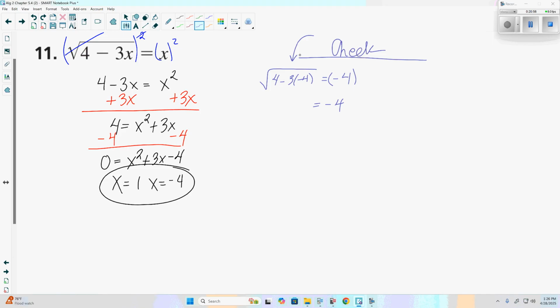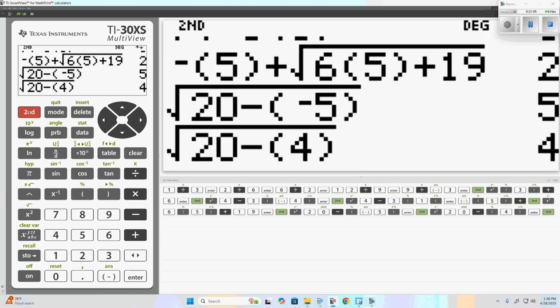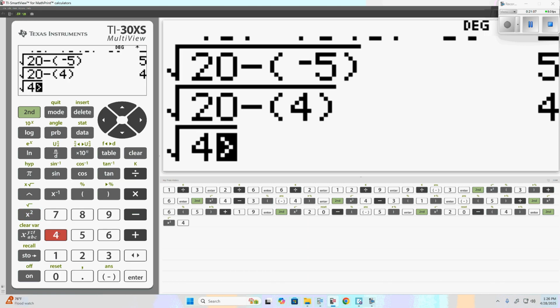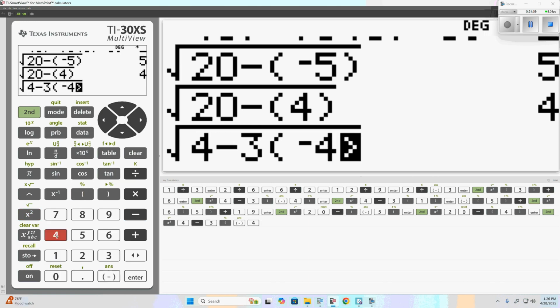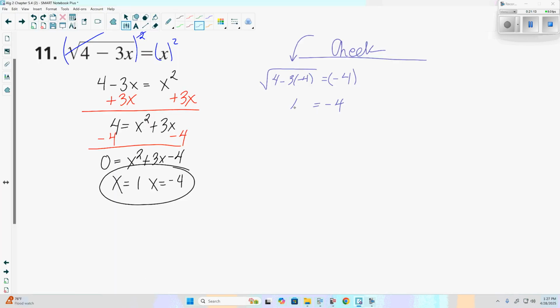We cannot take the square root of a negative number and get a real value. The square root of 4 minus 3 times -4 is +4. Well, 4 does not equal -4. That doesn't work.